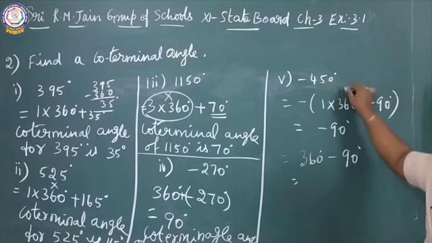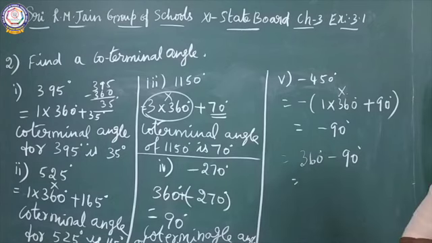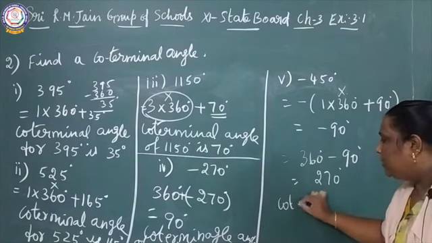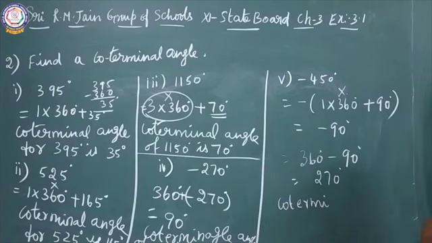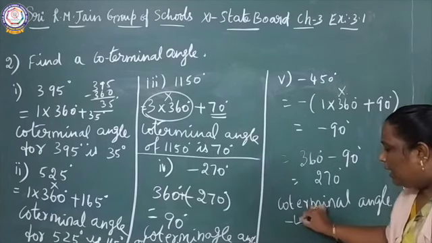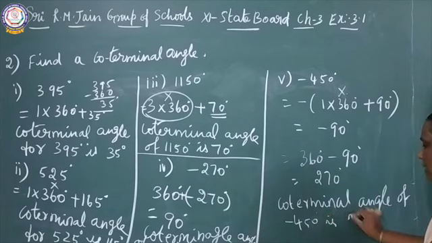First you will check that one complete rotation, what is the remaining term left out? 90, that is minus 90. Because it is a negative side, again you will subtract from 360. 360 minus 90, what is the value? 270 degree. Because it is in a clockwise direction, the coterminal angle of minus 450 degree is 270.